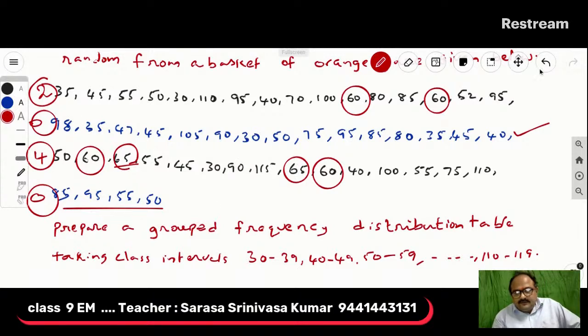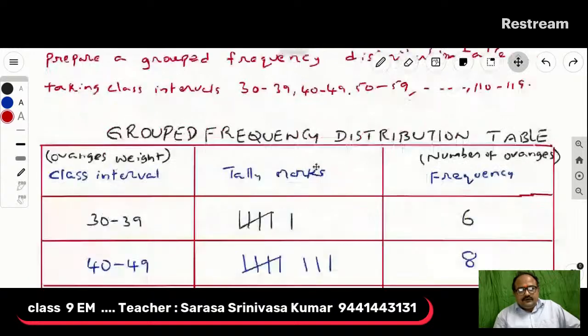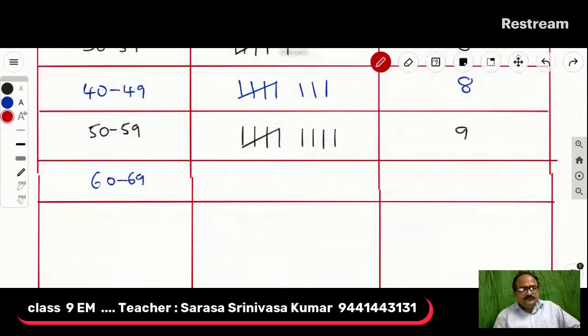Total 6 oranges are there in this class interval. So the frequency is 6.